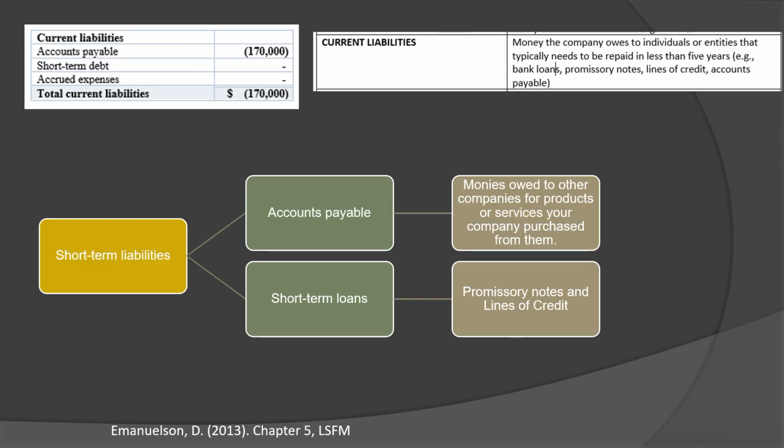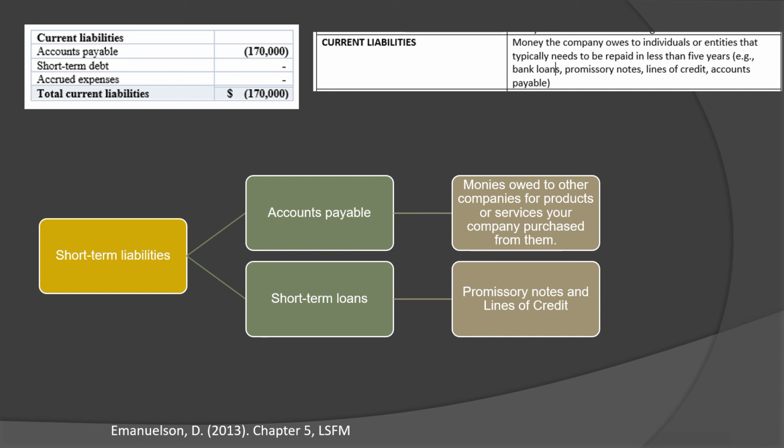So let's first look at the short-term liabilities of Fitness R Us. This consists of accounts payable and short-term loans. Accounts payable are monies owed to other companies for products or services your company purchased from them. So, do you owe any money? In this case, Fitness R Us owes $170,000 to somebody.